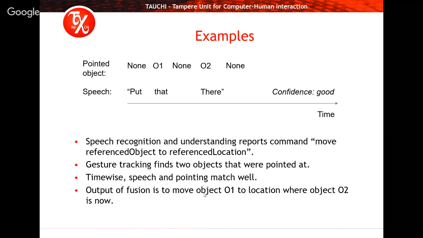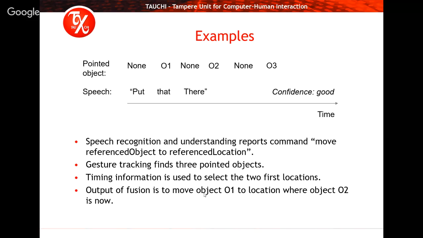Next, easily we have a situation where it's much harder to decide. So what if we have something like this? The user was pointing at three different locations and said "put that there". We still have good confidence that the user actually said "put that there". It's still quite trivial.